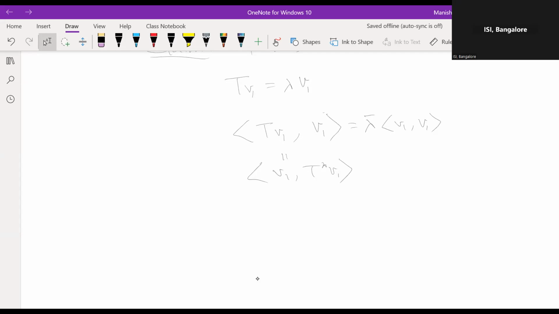So this implies the inner product of V1 with T star V1 minus lambda bar V1 is 0.